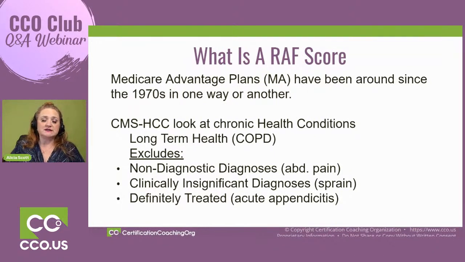Or say somebody ends up having a cholecystectomy because they have gallstones, and their gallbladder is messed up, or they have endometriosis, and so they have a hysterectomy, stuff like that. You treat it and then you get rid of it. It's not a long-term condition.